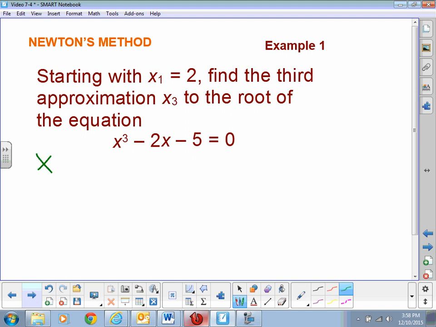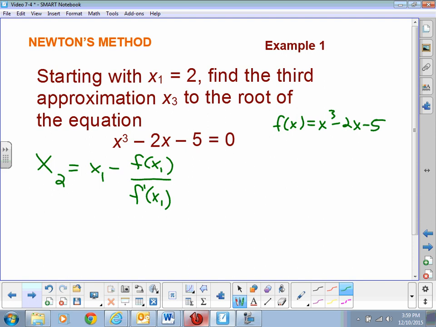Well, remember we saw a second ago that x2 should equal x1 minus f of x1 over the derivative at x1. So our f of x is just that original equation, x cubed minus 2x minus 5. And our derivative of this we have is just 3x squared minus 2.